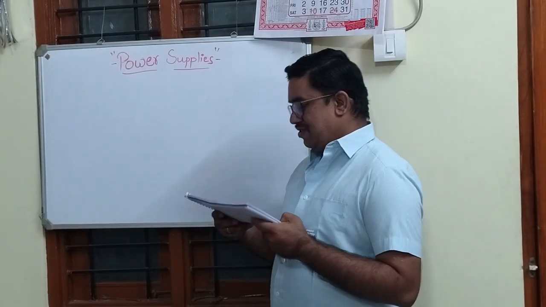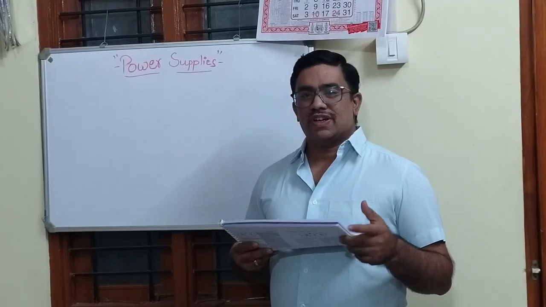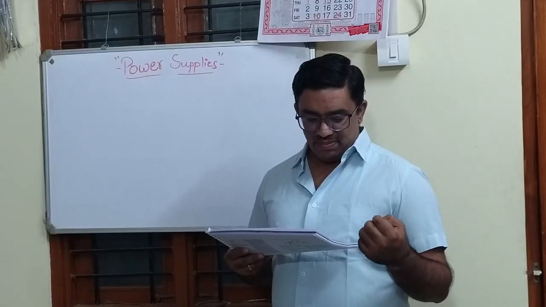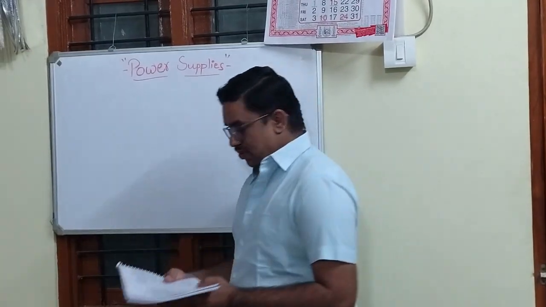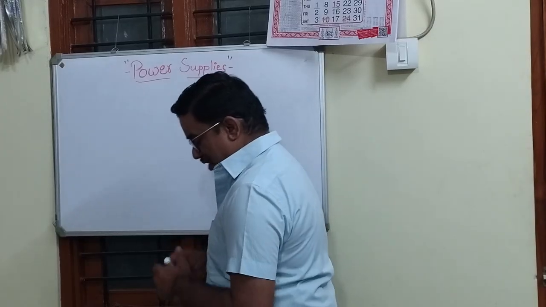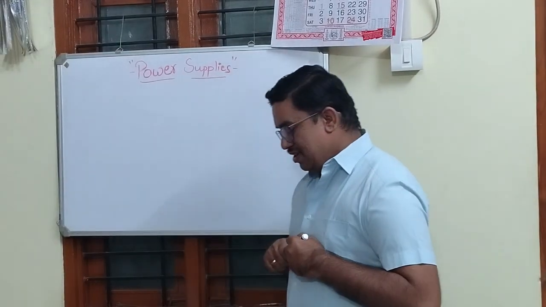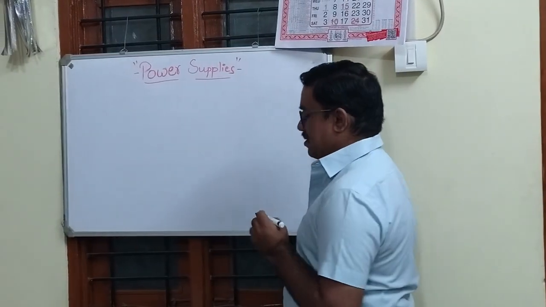This chapter deals with how circuits called rectifiers give the proper DC signals. First, let us have a look at the block diagram of a simple power supply circuit.